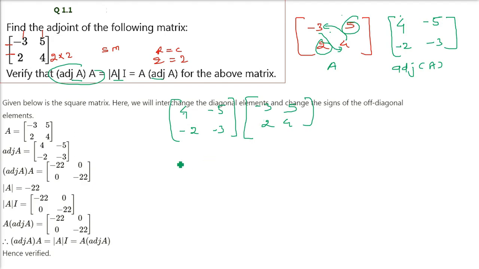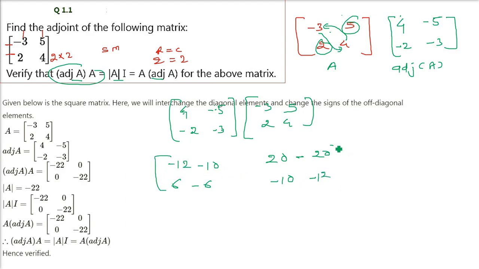4 into -3 is -12, -5 into 2 is -10. 4 into 5 is 20, -5 into 4 is -20. Then -2 into -3 is 6, and -3 into 2 is -6. -2 into 5 is -10, -3 into 4 is -12.